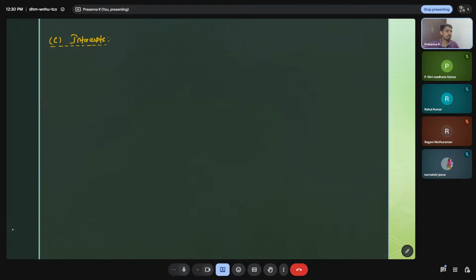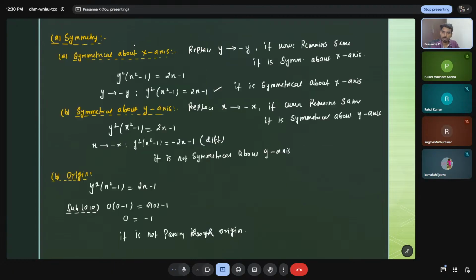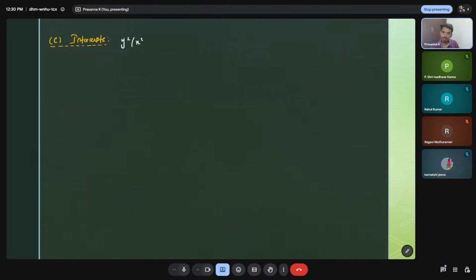For x-intercept, you put y is equal to 0 and solve for x, right? So the equation is y square into x square minus 1 equal to 2x minus 1. So when x is 0, you find y.